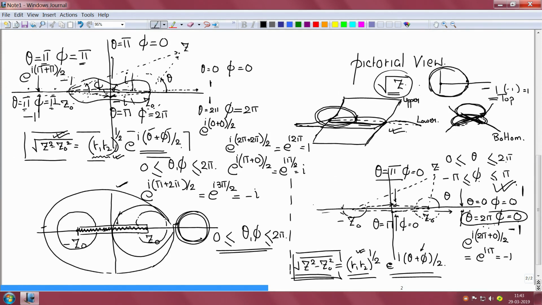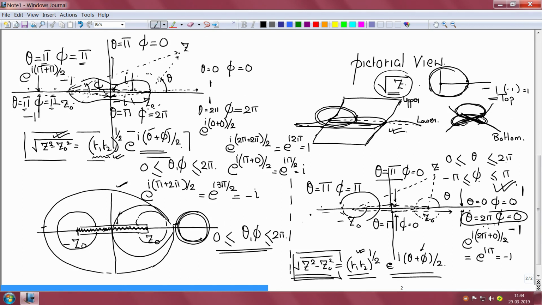Let us examine what happens here. Here, theta is equal to pi, and phi is equal to pi also, because phi goes from minus pi, goes around once and comes back here as pi.